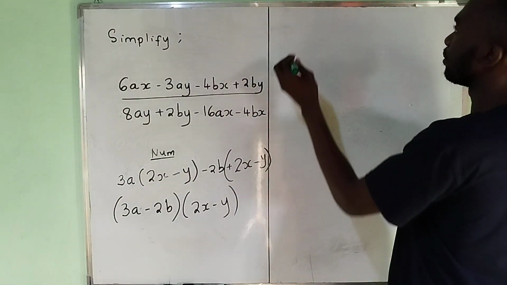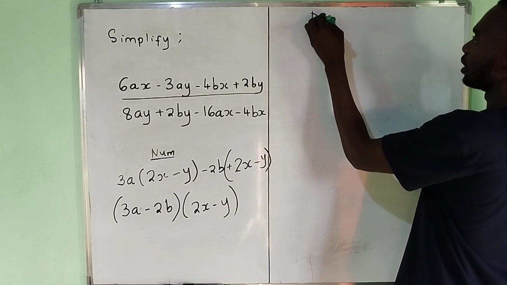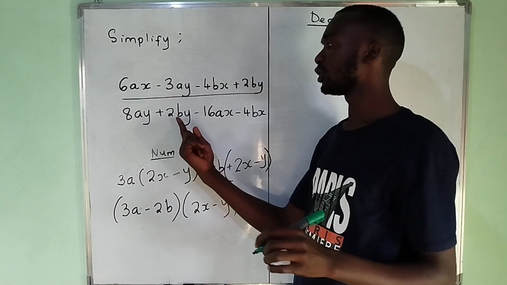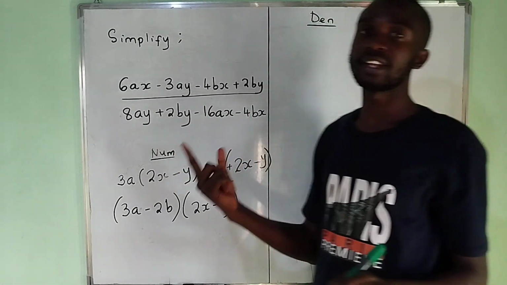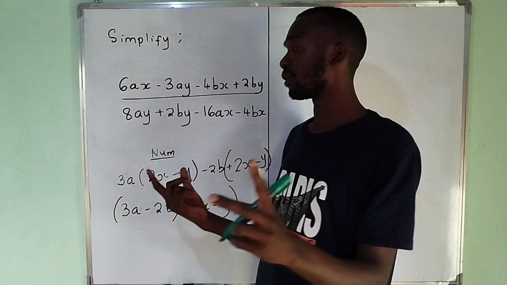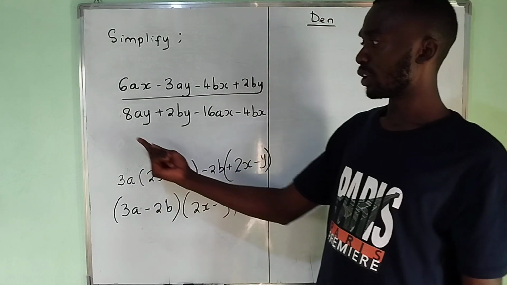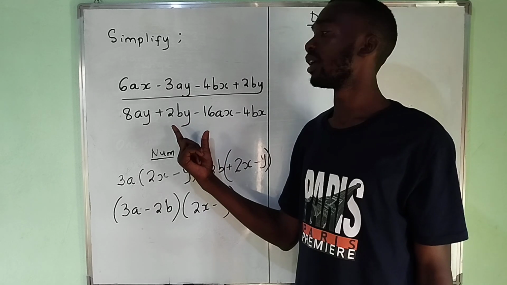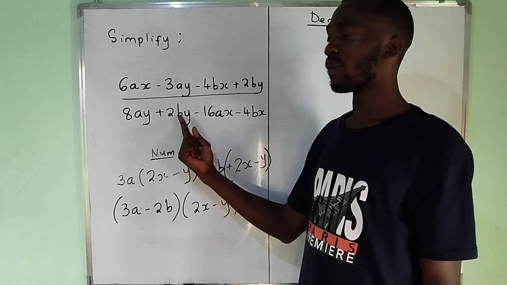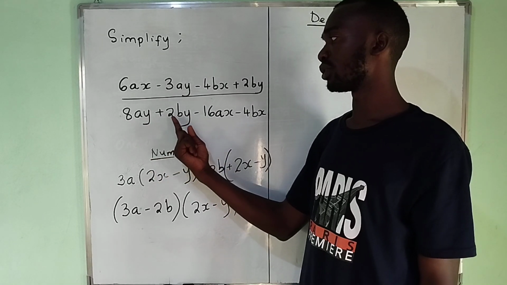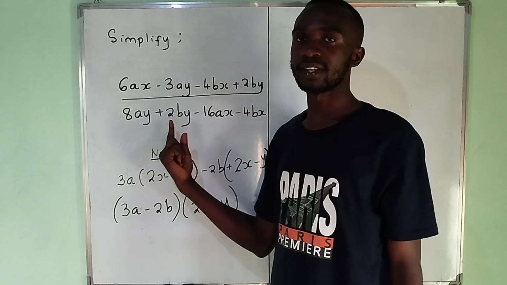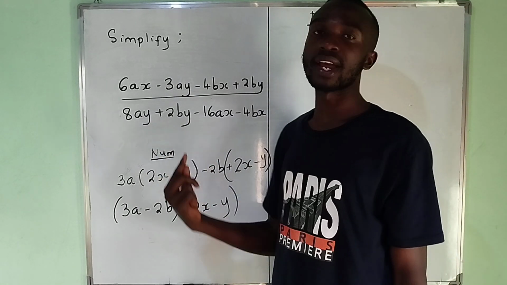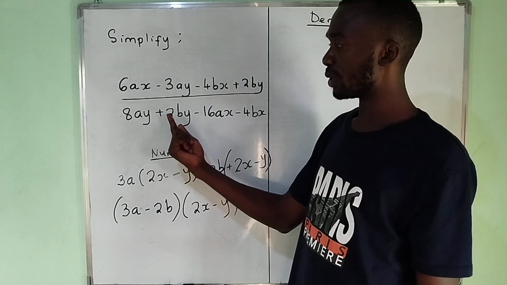Then again we come to factorize the denominator. In the denominator we have 1, 2, 3, 4 terms. We can also pair them so that they are in groups of 2, 2. So we're going to pair 8ay with 2by. So 8ay, 2by, the common factor, the one which can divide 8ay and 2by, is going to be 2y.